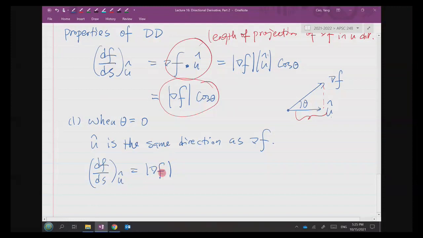So basically the magnitude of the gradient vector must be the maximum value for the directional derivative. So when theta equals 0, you have reached the maximum value for df over ds along the u hat direction.